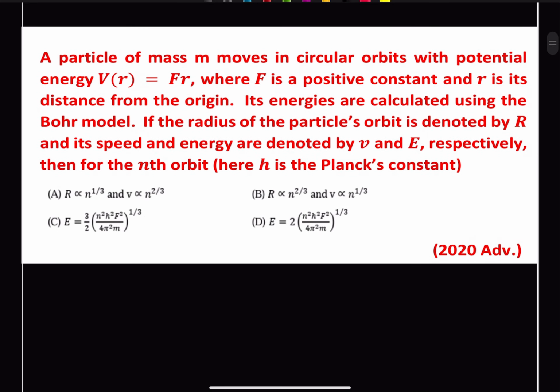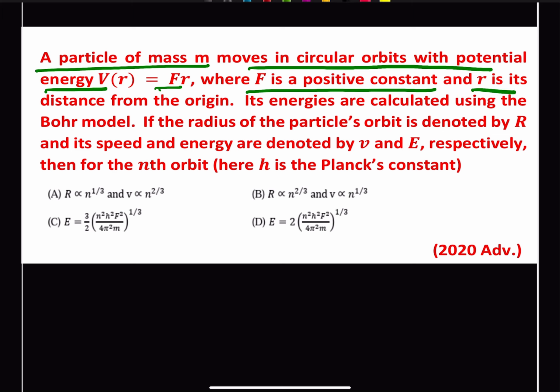So in the first question, a particle of mass m moves in circular orbits with potential energy V(r) is equal to F times r, where F is a positive constant and r is its distance from the origin. Its energies are calculated using Bohr model.